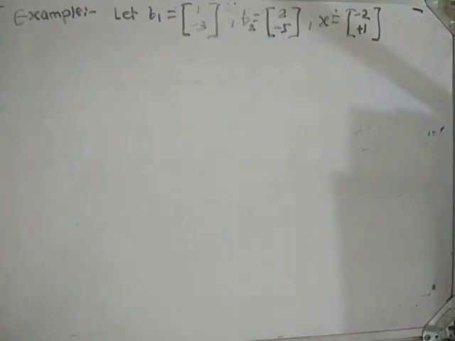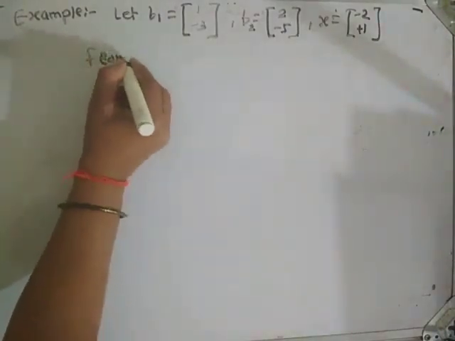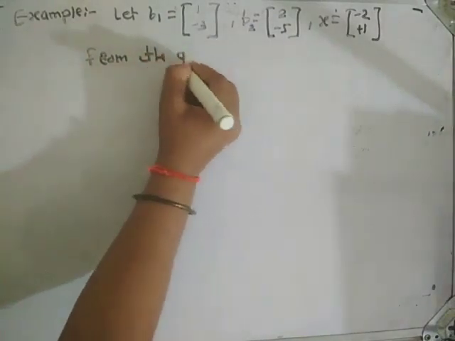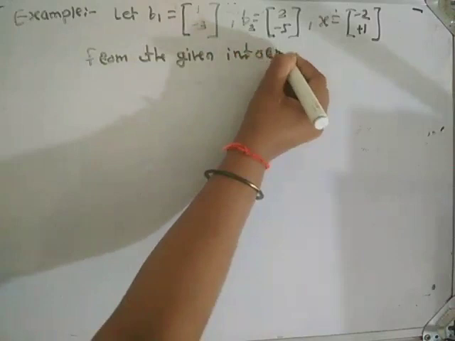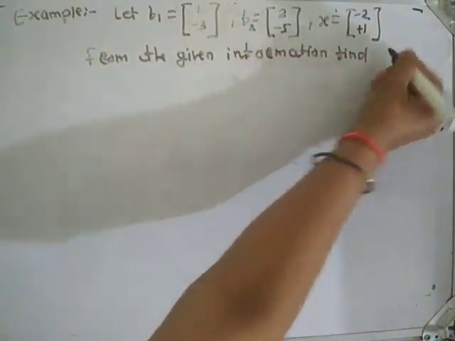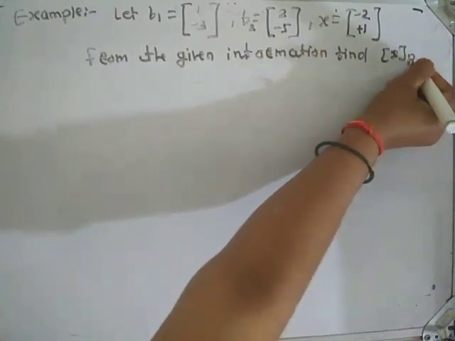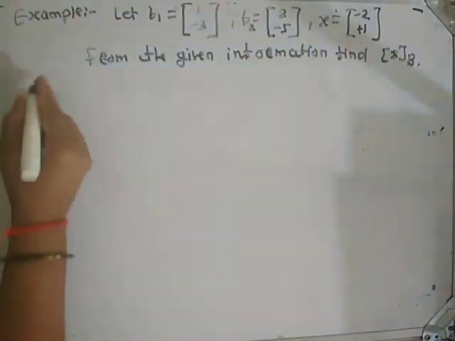From the given information, find the coordinate vector of x relative to the basis B.